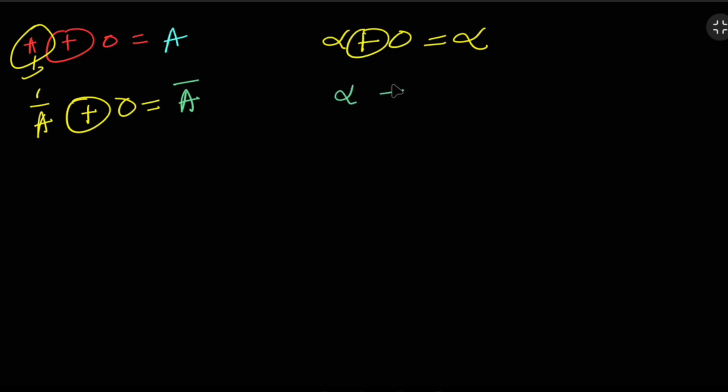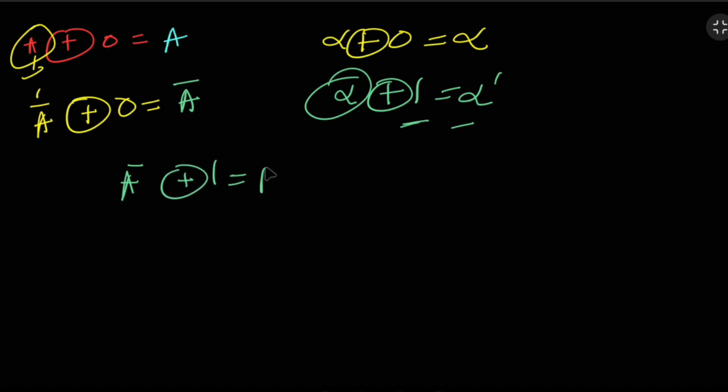Now anything exclusive or with 1, if alpha is 0, then the result will be 1, and if it is 1, then it will be 0. So the result is complement of alpha. So whatever you have exclusive or with 1, then it will be alpha bar. If you have A bar exclusive or 1, then it will be A. So quite simple. Is this clear?